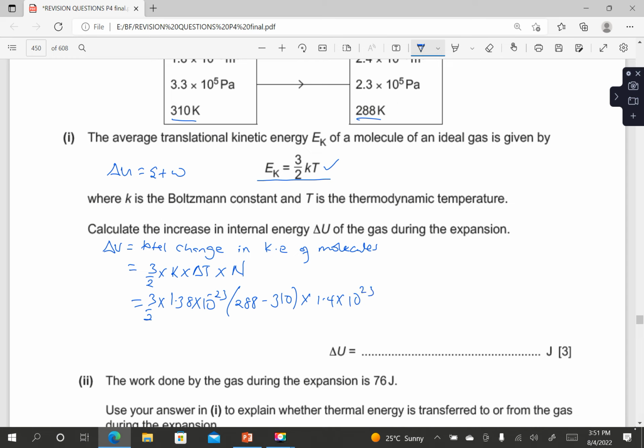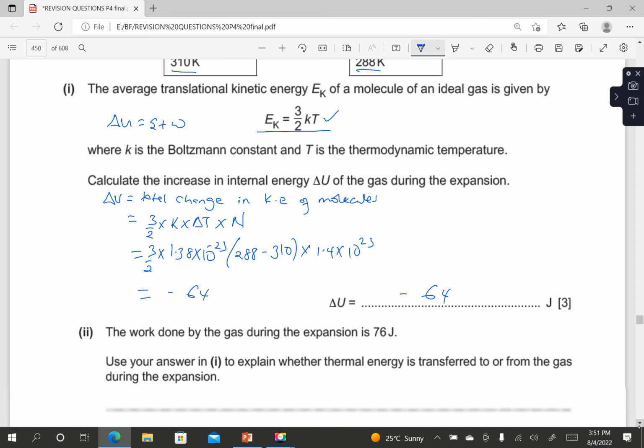I can now press my calculator very fast. So this is giving me 64, but this should be negative. So I can even put here negative 64, because the final temperature is less than the initial temperature, meaning that the average kinetic energy has reduced, which means that the total kinetic energy has reduced, therefore the internal energy has decreased. So the change in internal energy is a decrease.